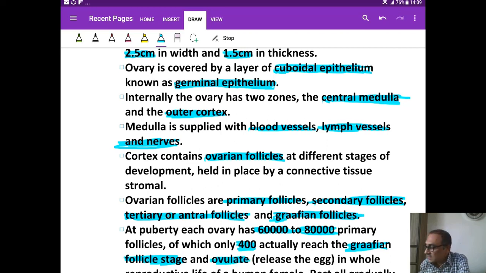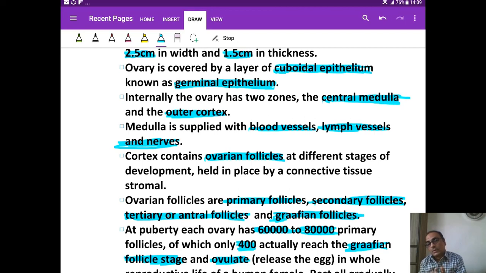Why is the number that ovulate very small compared to the number of ovarian follicles present? It's because every month only one secondary oocyte will be released from the ovary. So that means every month only one egg is formed.